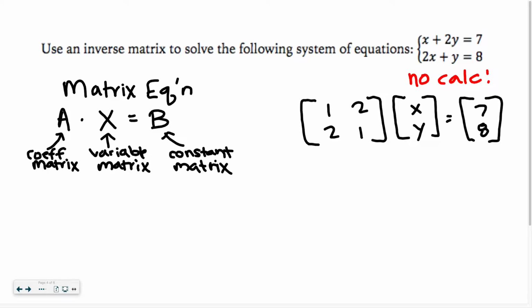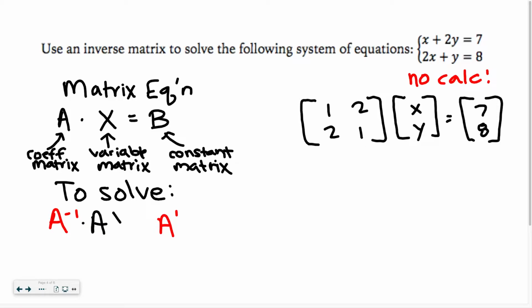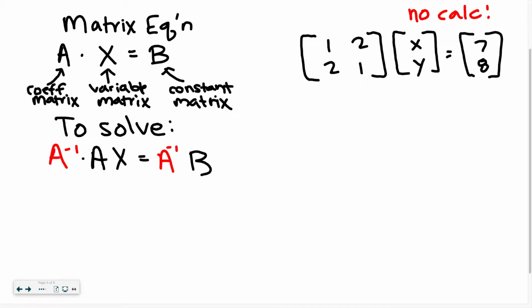So over here in your matrix equation, to solve, you would want to multiply both sides by your inverse. You want to perform the inverse operation, which in matrices is to multiply by the inverse matrix.